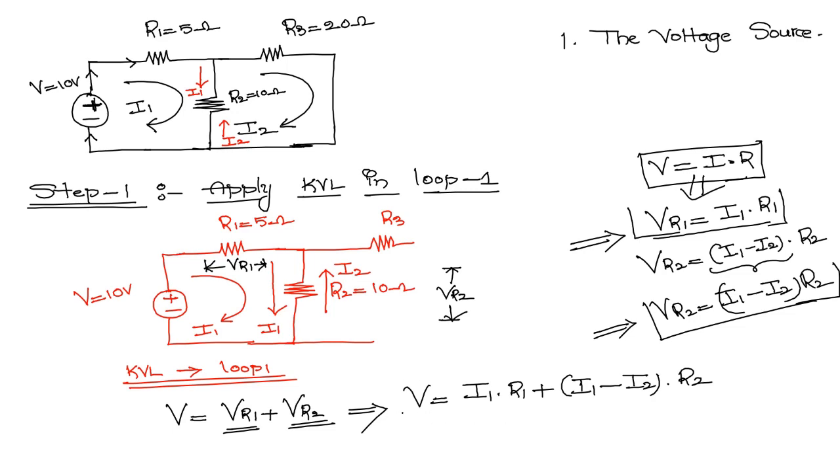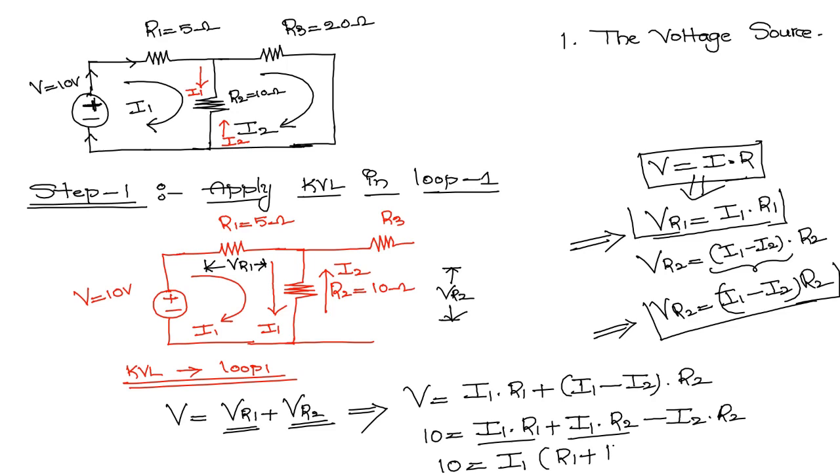The applied voltage in loop 1 is 10, so 10 is equal to I1 into R1 plus, multiplying, I1 into R2 minus I2 into R2. Now take I1 common, so 10 is equal to I1 into R1 plus R2, minus I2 into R2. Clear? This is the expression we get from loop number 1.